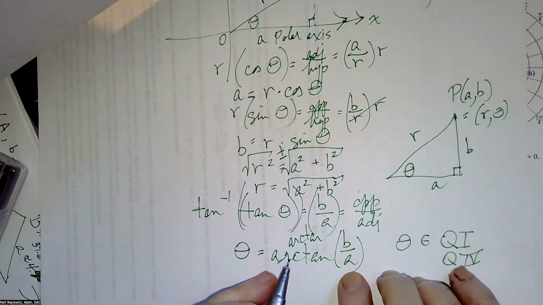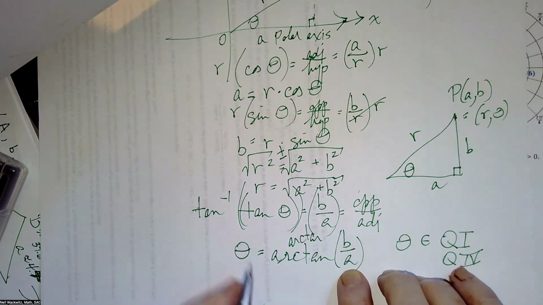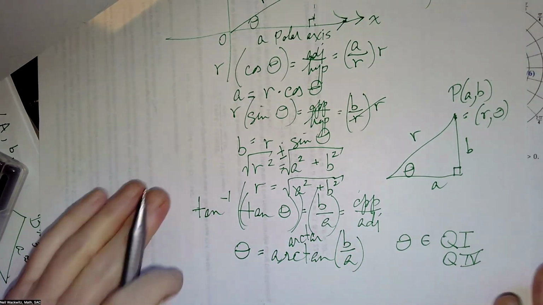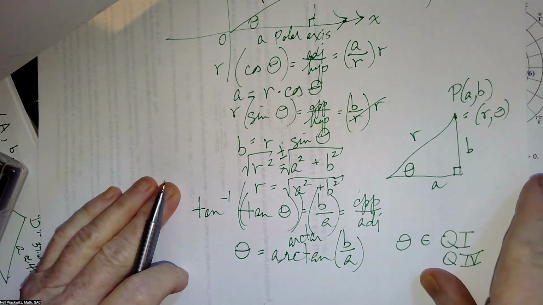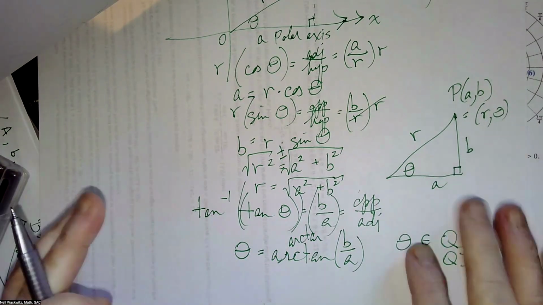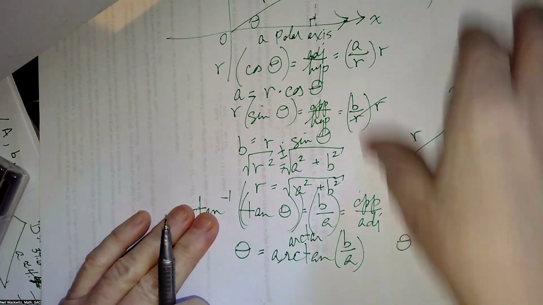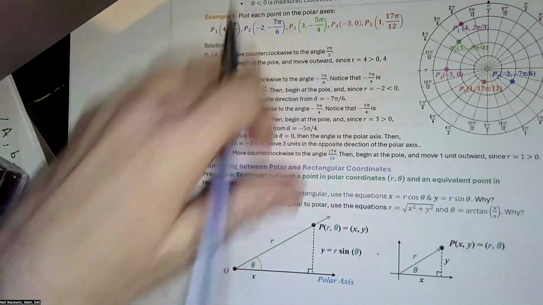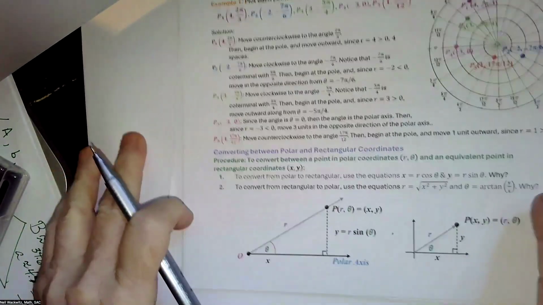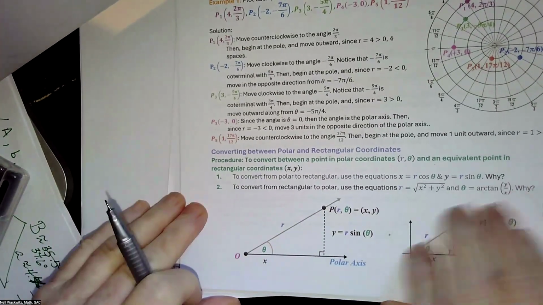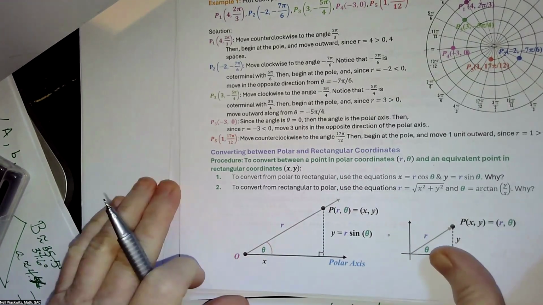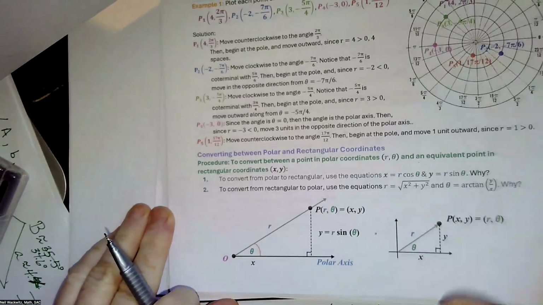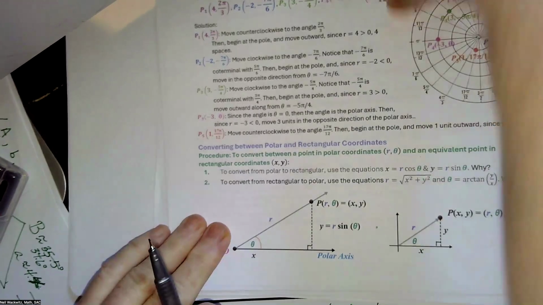The arctangent of b over a will be theta. And then we just have to look to see which quadrant our point is in. So that's basically what I wrote down here with some pretty images.